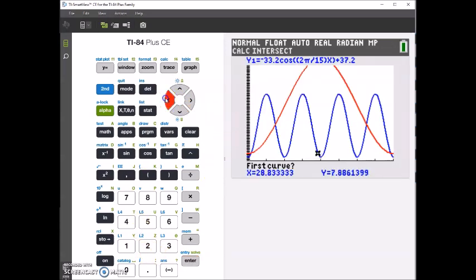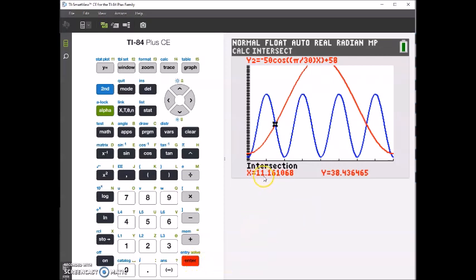And again, I'm going to have to highlight the right part of the graph. So I'm looking for, I'm going to highlight just to the left of where those two graphs intersect. And then that tells me the intersection.